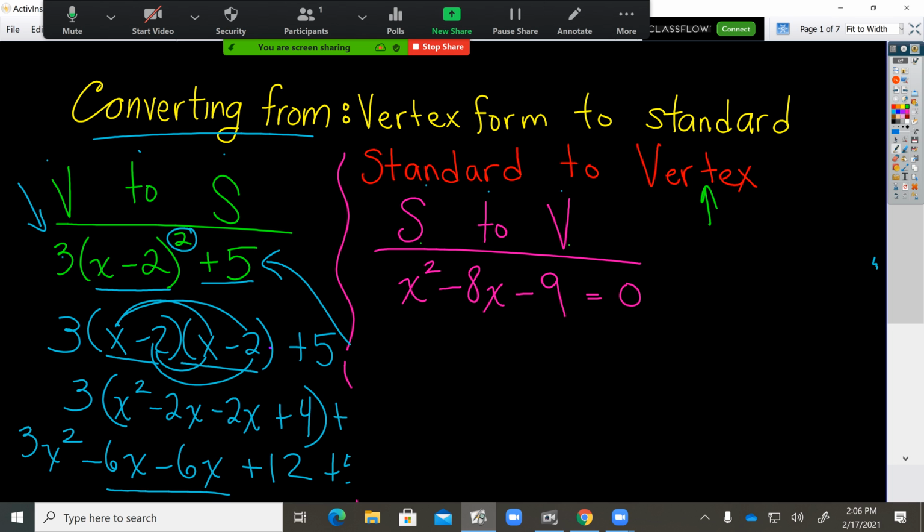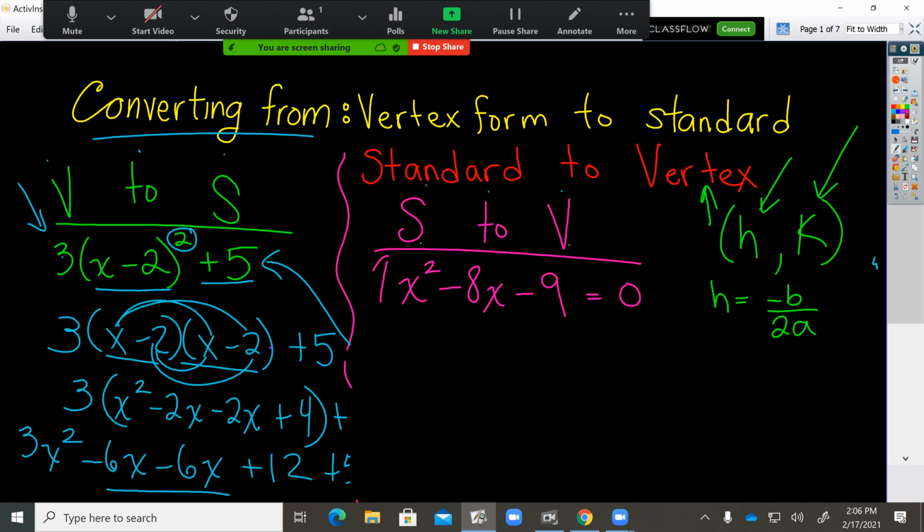When it's standard form, to find the vertex, first you have to find h, then you plug in what h is for x, and that gives you the value of k. So first of all, to find h, it's negative b divided by 2a.